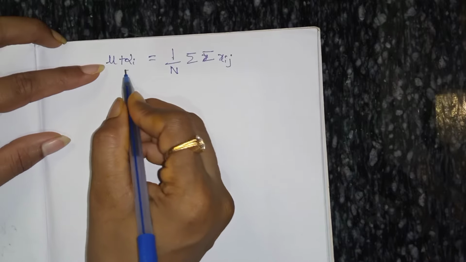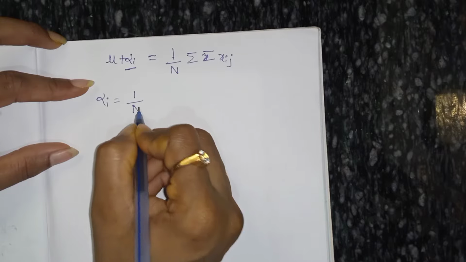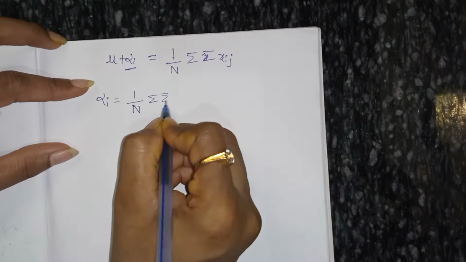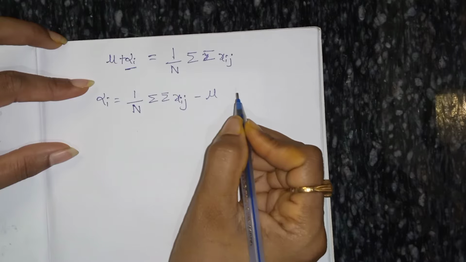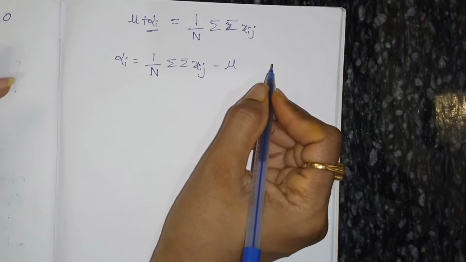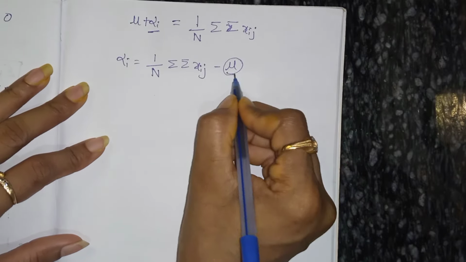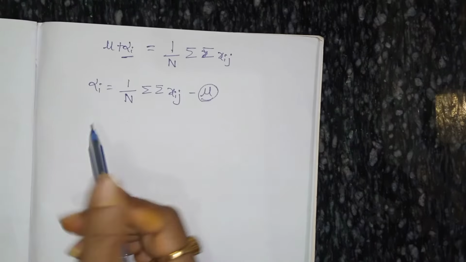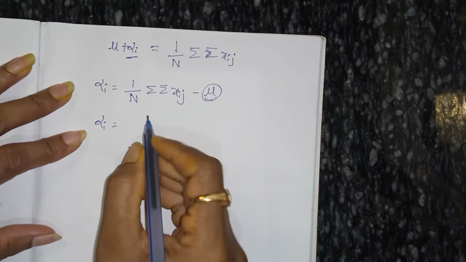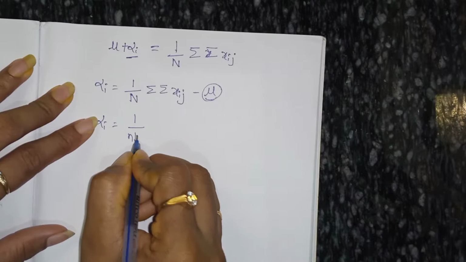Now we want alpha i. So alpha i equals 1 by N double summation xij minus mu. What is the value of mu? Here we got x bar double dot. So alpha i equals 1 by N, we can write nk, isn't it?